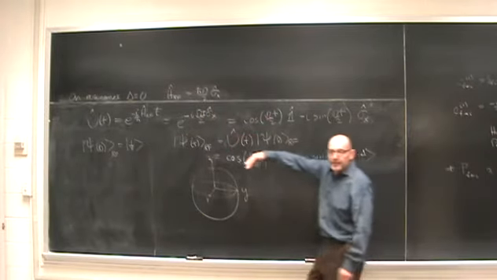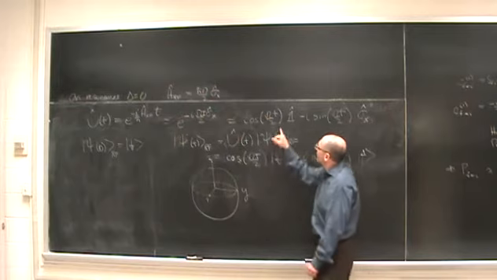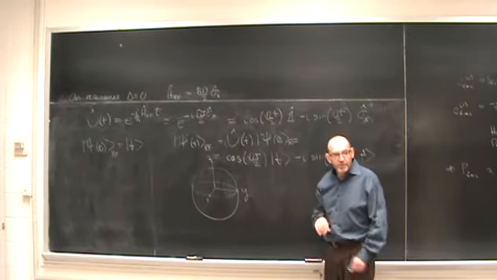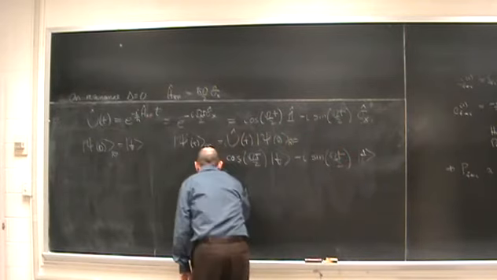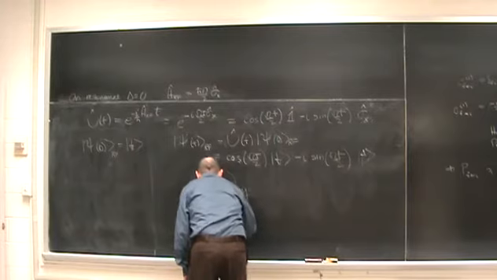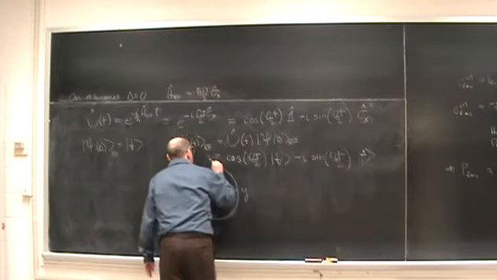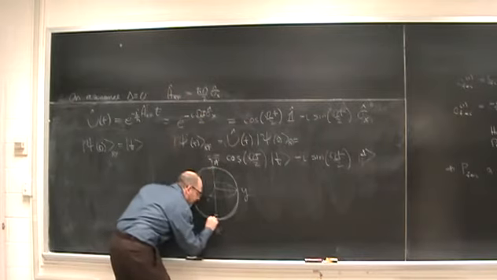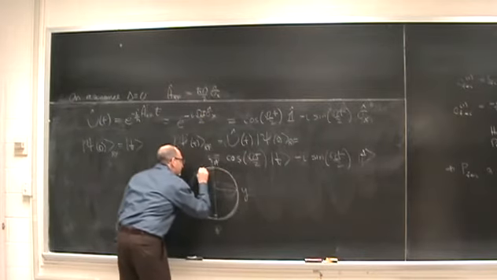It is precessing around the x-axis at the Rabi frequency, capital omega. That is to say, I start the system spin down, and then over time, it goes to spin up. And then it goes back to spin down. It just precesses.